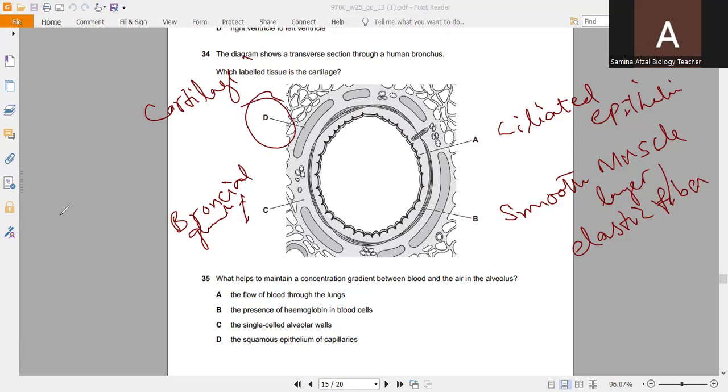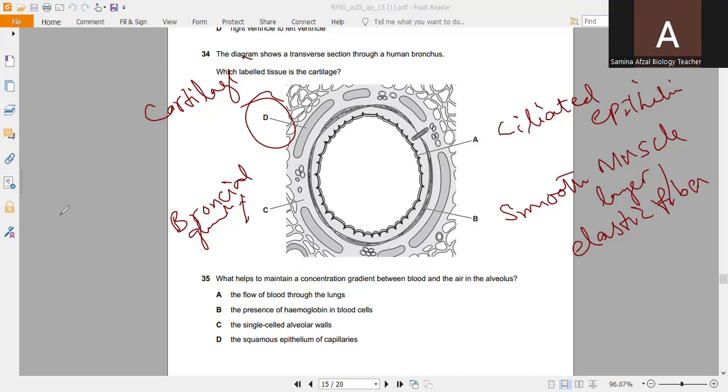Now question number 35. What helps to maintain a concentration gradient between blood and the air in the alveolus? How does the maintenance of the gradient take place, and what is the role of blood flow?